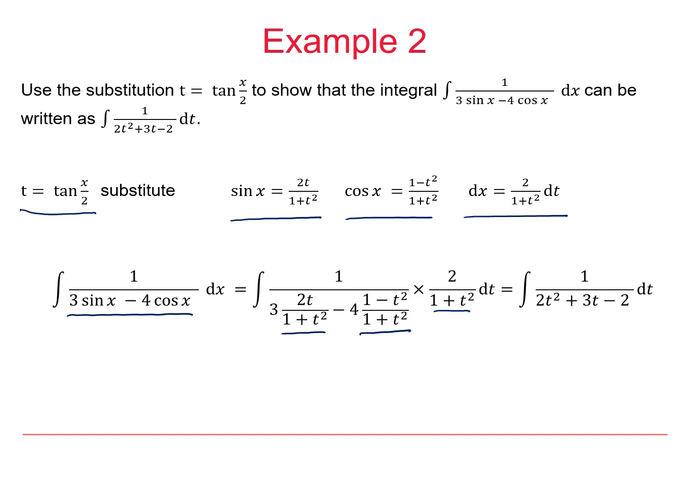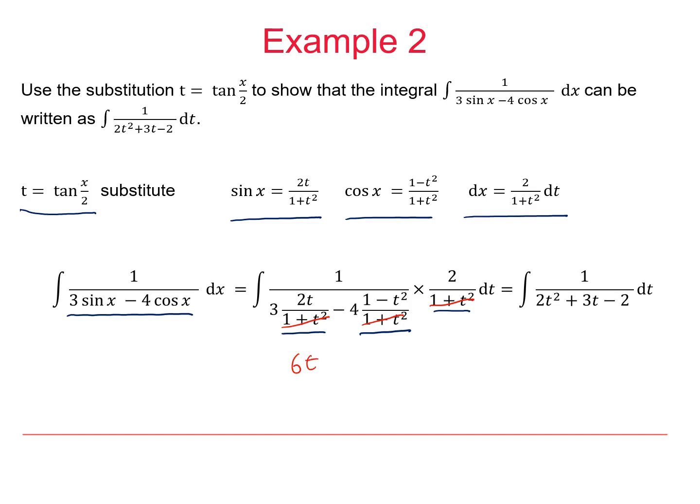Now when we look at the denominator of this substitution, you should be able to see that the 1 plus t squareds cancel out. And then if we multiply out what we have on this denominator, we have 3 times 2t, that's 6t.